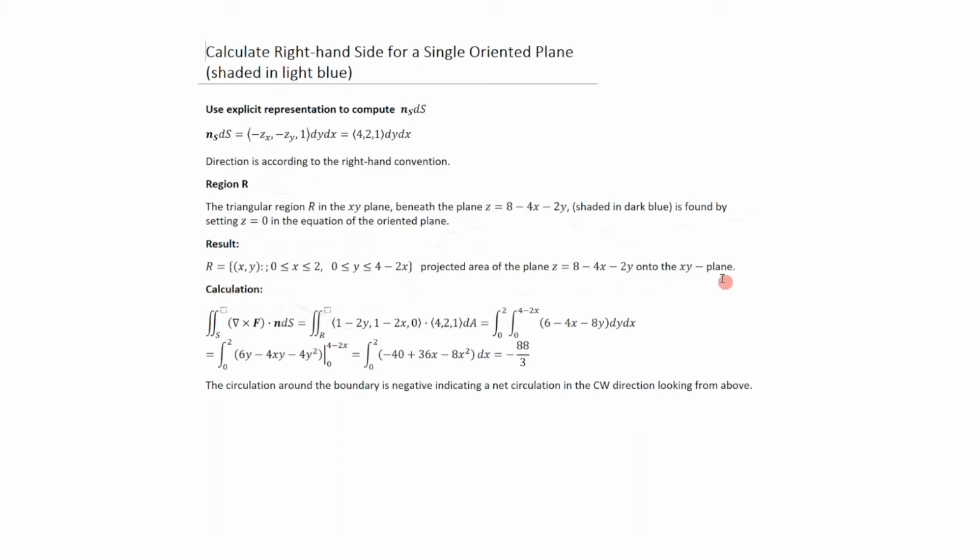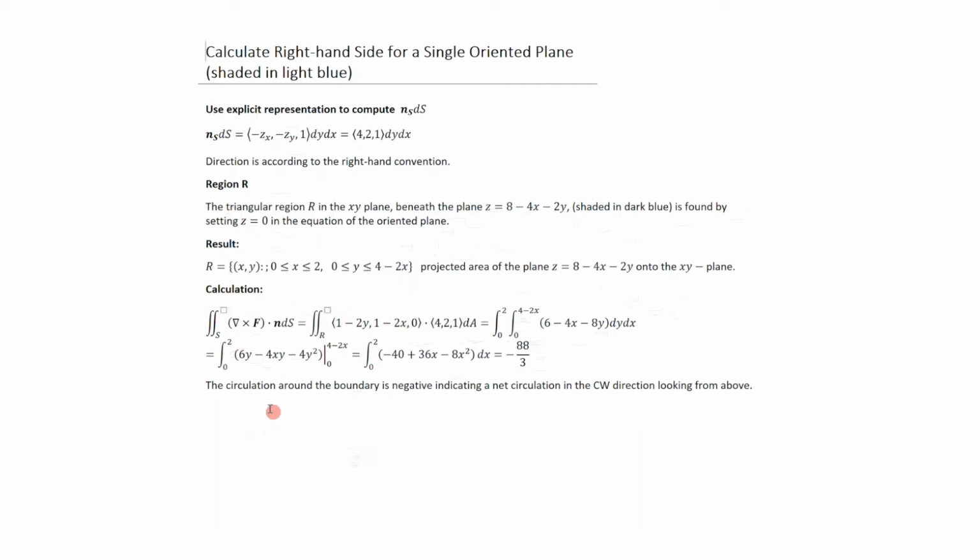All right, now that we have the region, which gives us the integration limits, we also have the surface area vector, and we also have the curl of the vector field. We can now do the calculations shown here. Here's the curl of the vector field, here's the differential surface area, and here are the bounds on the integral. We just performed this integral, and we end up with an answer of minus 88 over 3.